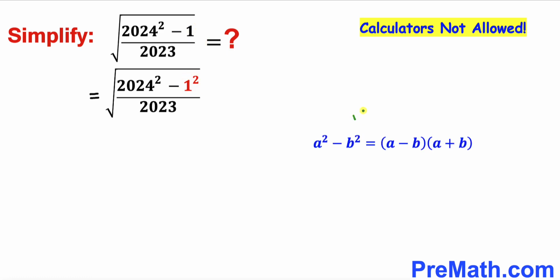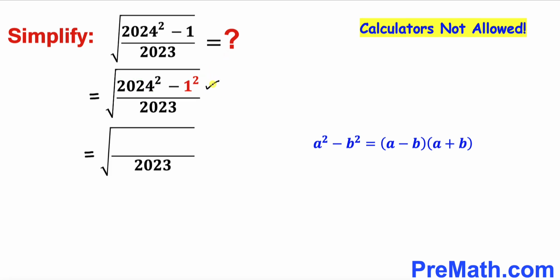And now let's recall this famous identity, the difference of two squares. A squared minus b squared could be written as a minus b times a plus b, the product of the difference and the sum. And we are going to use this identity on this numerator part, and we are going to assume that this 2024 is our lowercase a and this 1 is our lowercase b.